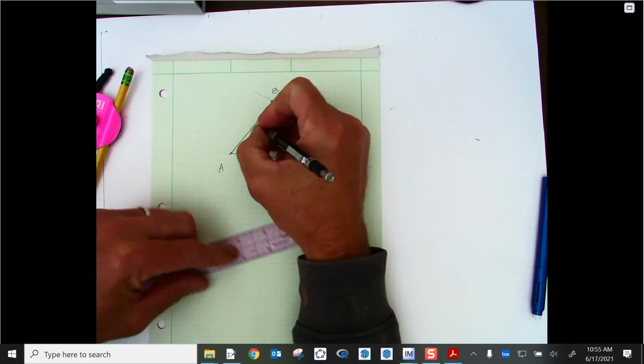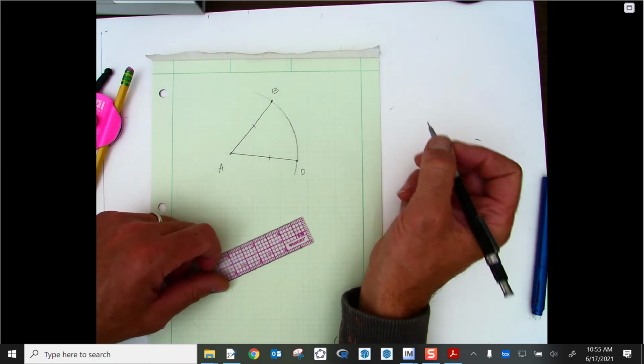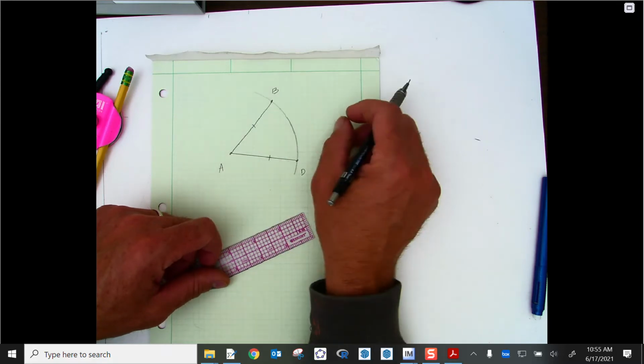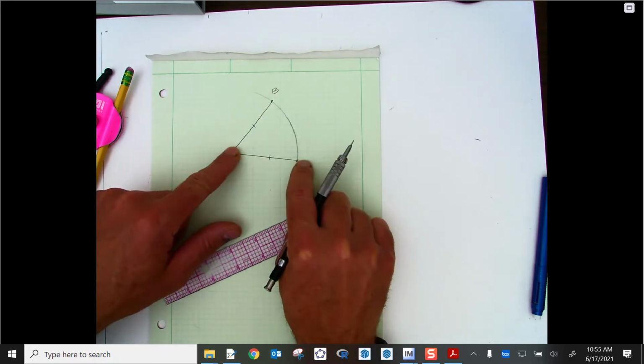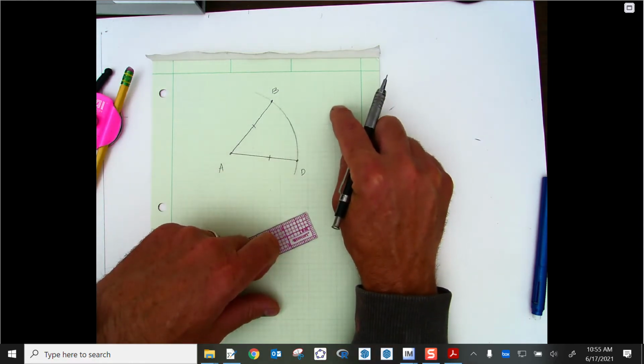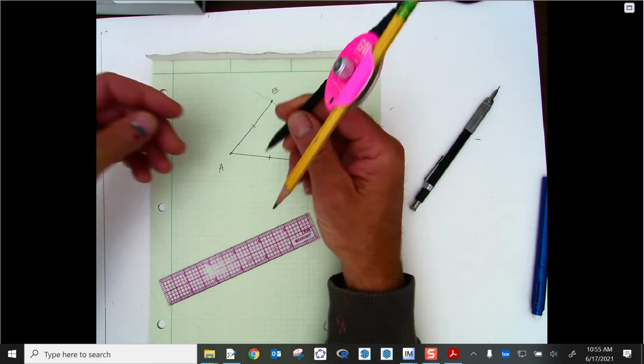And what can we say about those two sides? Well, they're definitely the same length, right? And the big question is, okay, so how do we find this point C out here? Then that will be exactly that distance from B and exactly that distance from D. I mean, I can see it's got to be somewhere in this neck of the woods. But the answer again is to use your circle drawing tool.